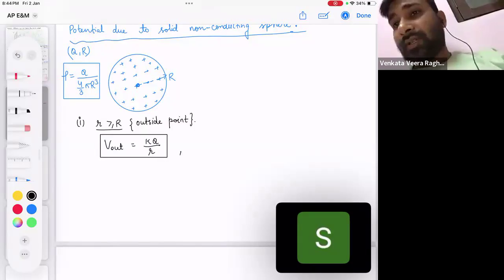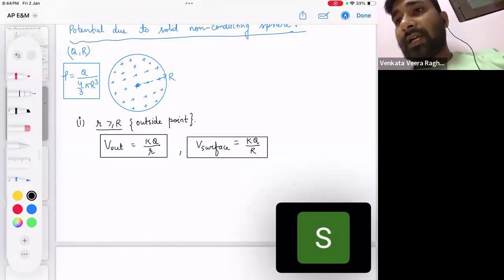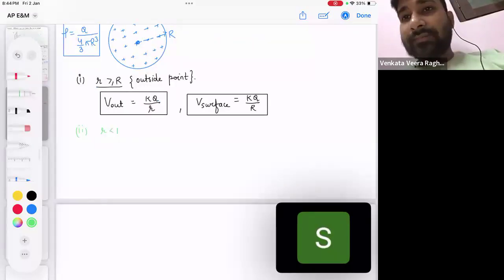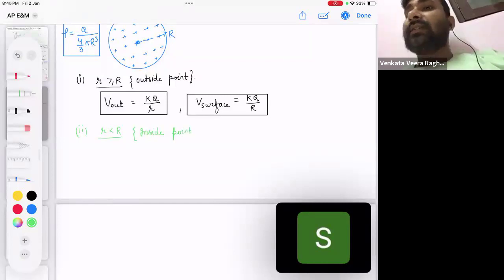What is the value on the surface? The value on the surface will be kQ by R. That is an interesting calculation. Tell me, what is the potential inside? Because if a question comes on the solid one, then they will ask you for an inside point.